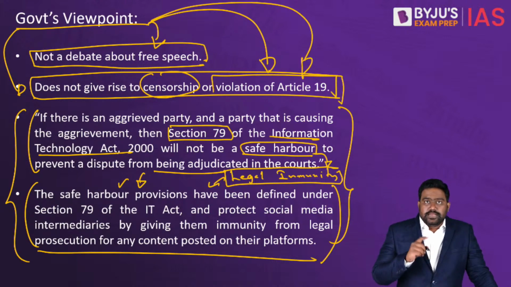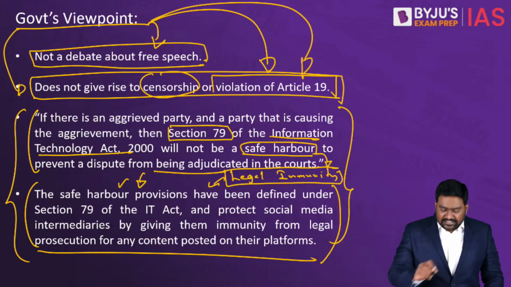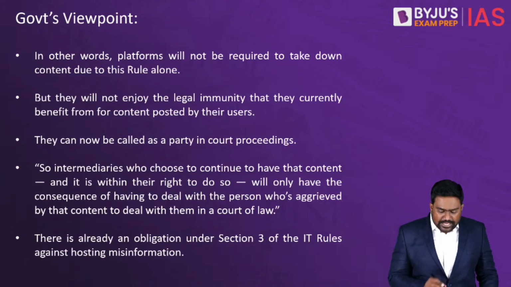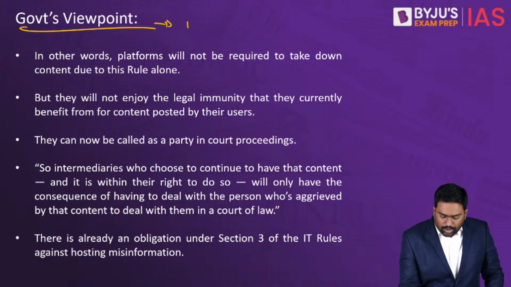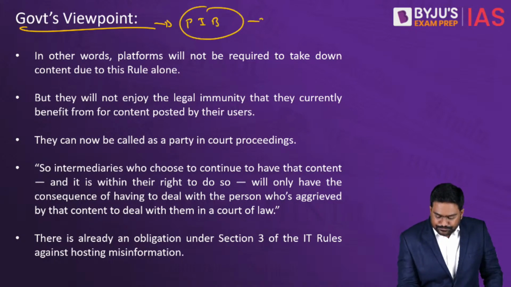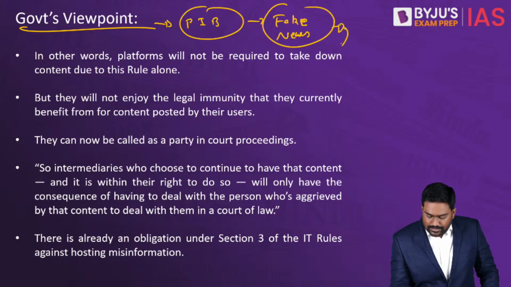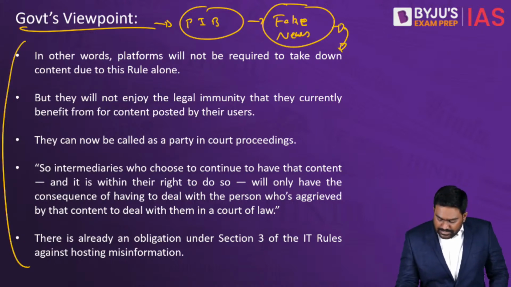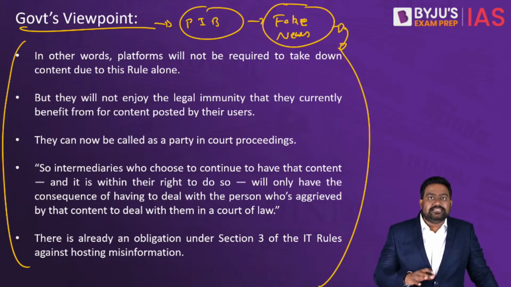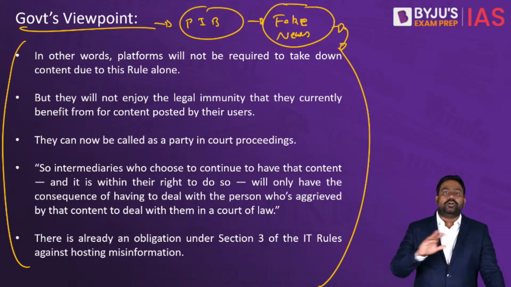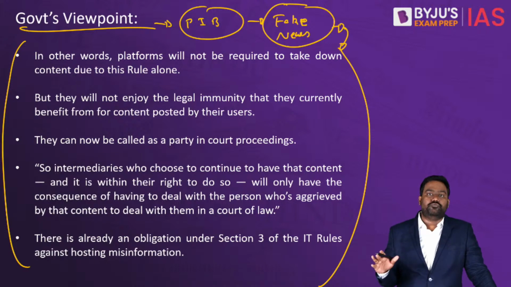Now what the government has done, the government is removing this legal immunity. If PIB flags any content as fake news, if PIB gives out a notification that a particular article is fake news, then in relation to this particular incident or case, the legal immunity to the social media companies will not apply. The safe harbor will be removed.